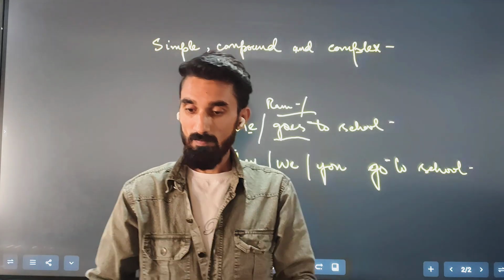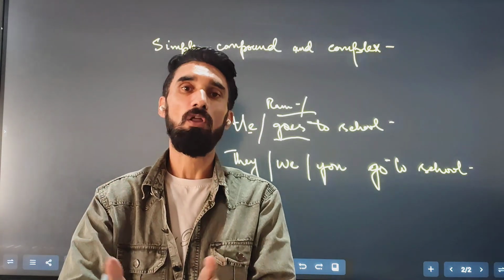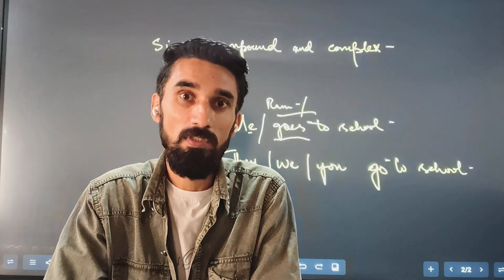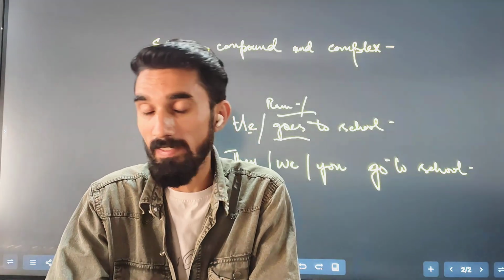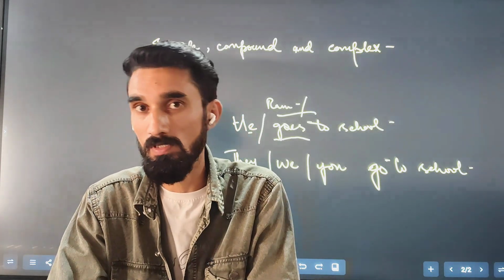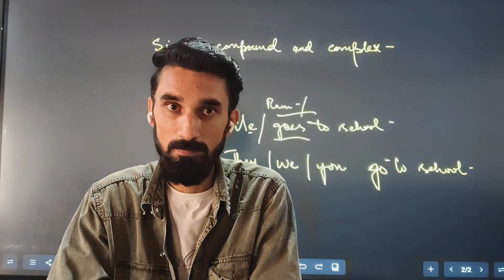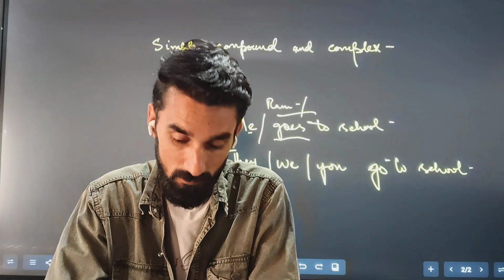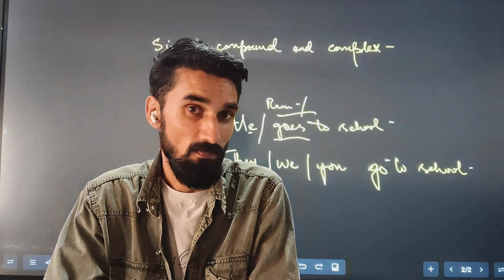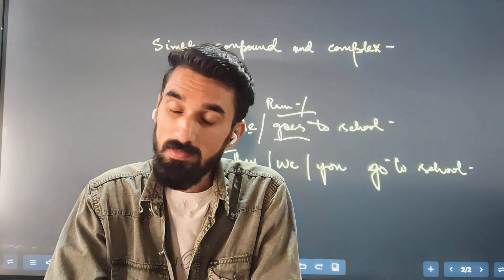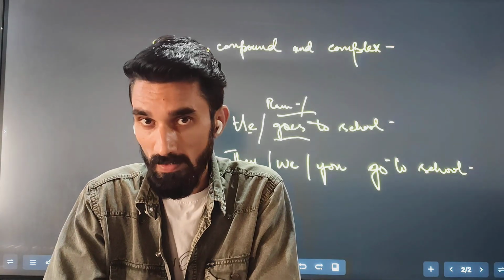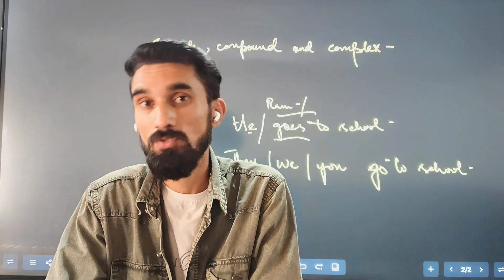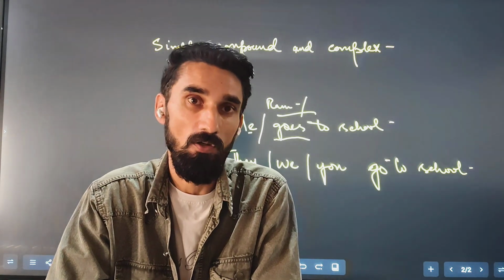So a sentence or a clause must necessarily have a finite verb in it. Finite verb means one that changes according to the tense, the person or the number. If it is a non-finite verb, it will not be considered. Then the other thing, when it comes to the compound sentence, we learned that a compound sentence is made up of two or more independent clauses.